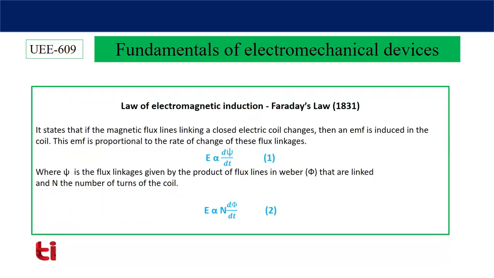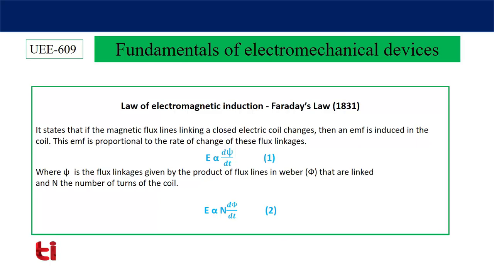Faraday's law of electromagnetic induction states that if the magnetic flux lines linking a closed electrical coil change, then an EMF is induced in the coil. This EMF is proportional to the rate of change of flux linkages and mathematically can be expressed as E proportional to dψ/dt. Psi is the flux linkage, or flux linked with the coil.